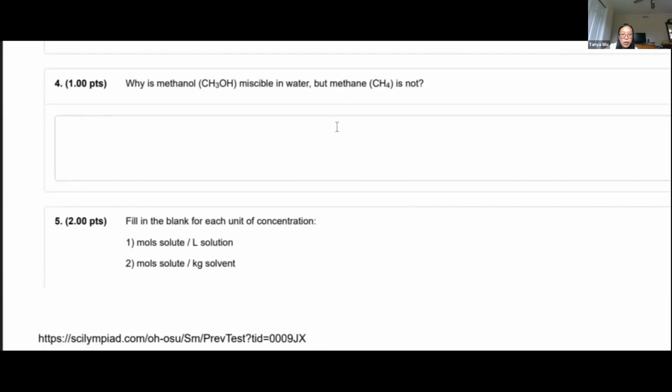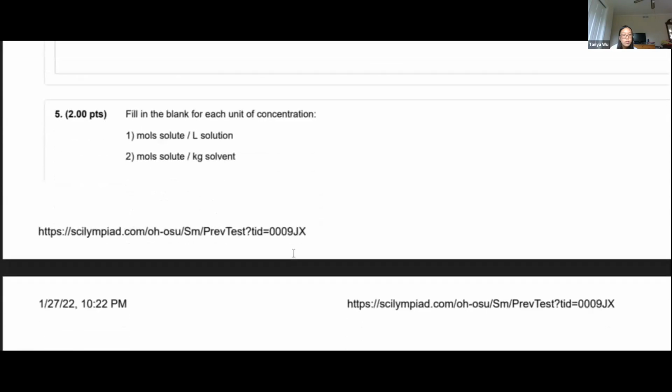So the methanol has that OH at the end, and that O is really electronegative, so there's a partial charge there, which makes it polar and dissolves like with like. But methane is more of a tetrahedral shape, and the carbon is not as electronegative, so the difference is not as large, and it's not as polar. Okay.